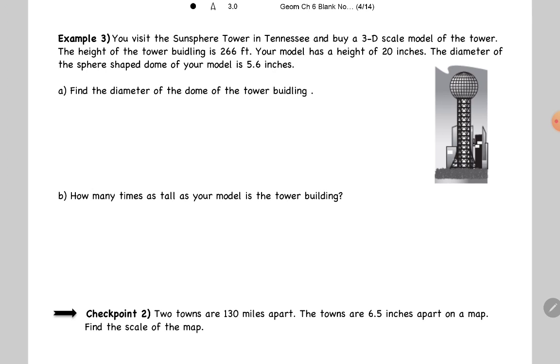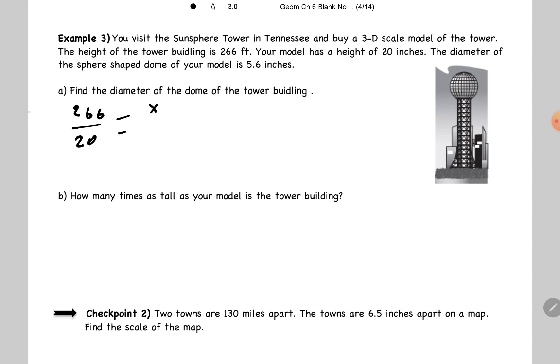Okay. So we know that the height of the tower is 266, and the model is 20 inches. If we wanted to find the diameter of the actual dome, we're going to call that x.